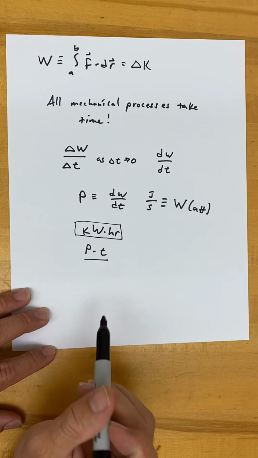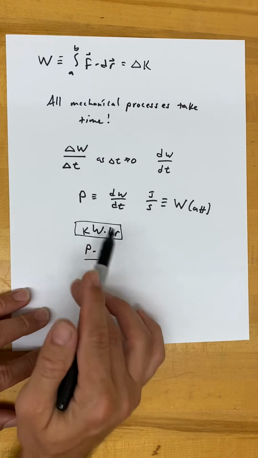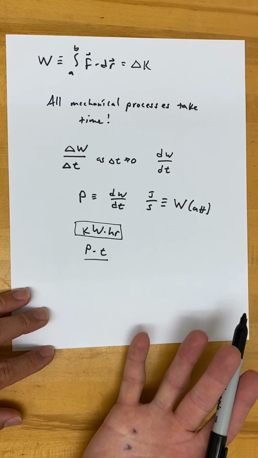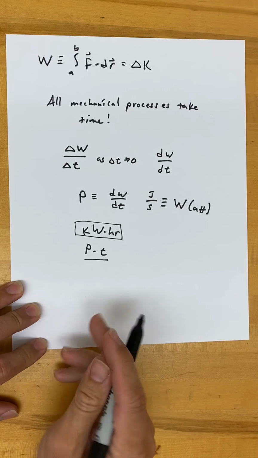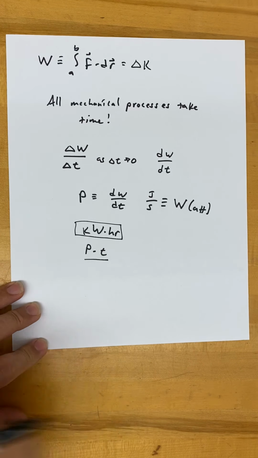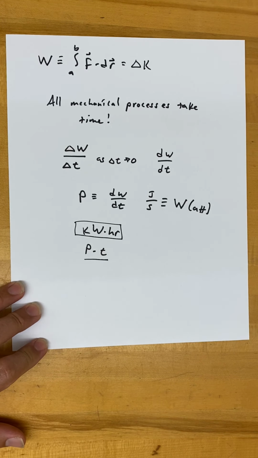So, what can we do with this? I should say that's really it. That's power in a nutshell. But there is one thing that's a little bit interesting here. If I remember that work is defined as the integral of a force times the displacement, right?